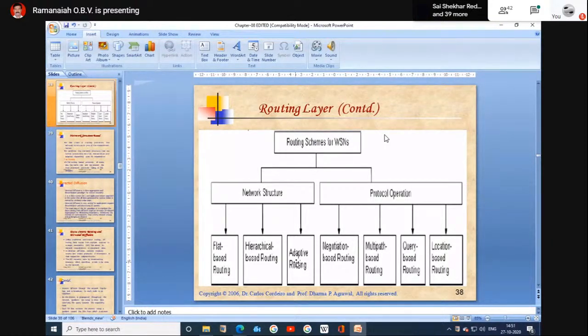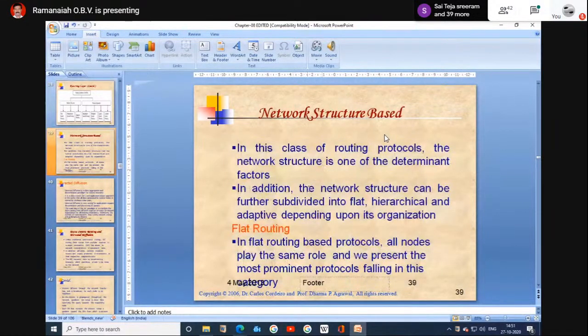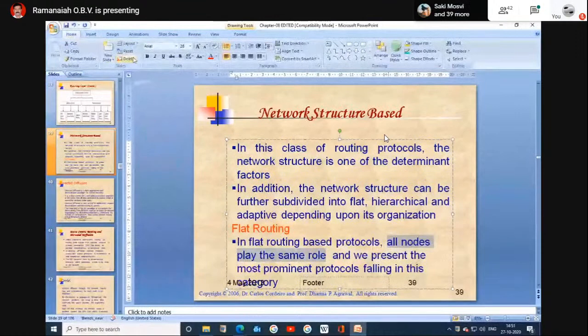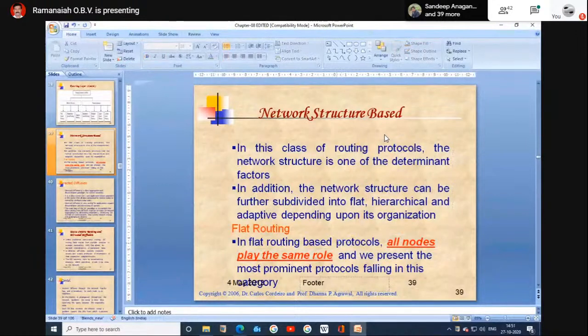Now we shall start with one simple protocol that is based on flat routing, in which all nodes play the same role. That is very important. That is flat.